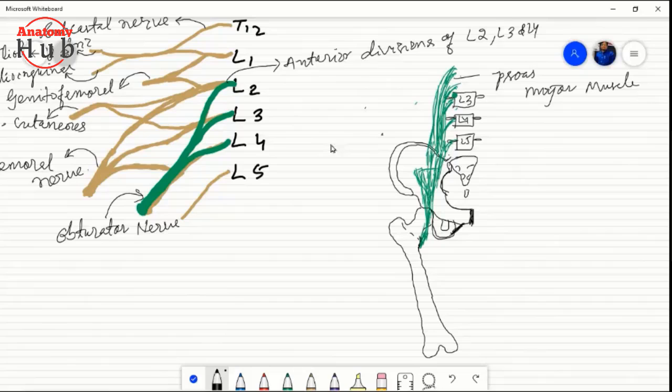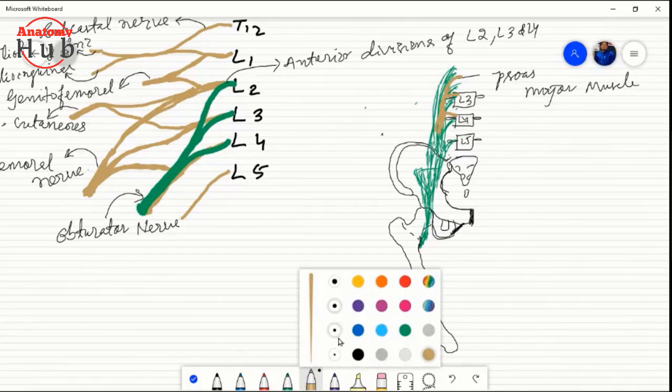Okay. So what happens? The obturator nerve arises from L2, L3 and L4, right? Here, within the substance of the psoas major muscle, they unite with each other, then they descend downward in this way.